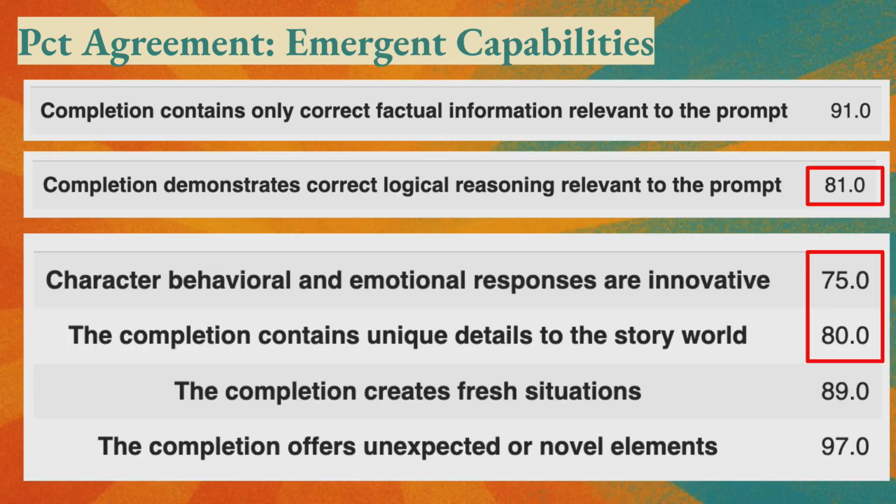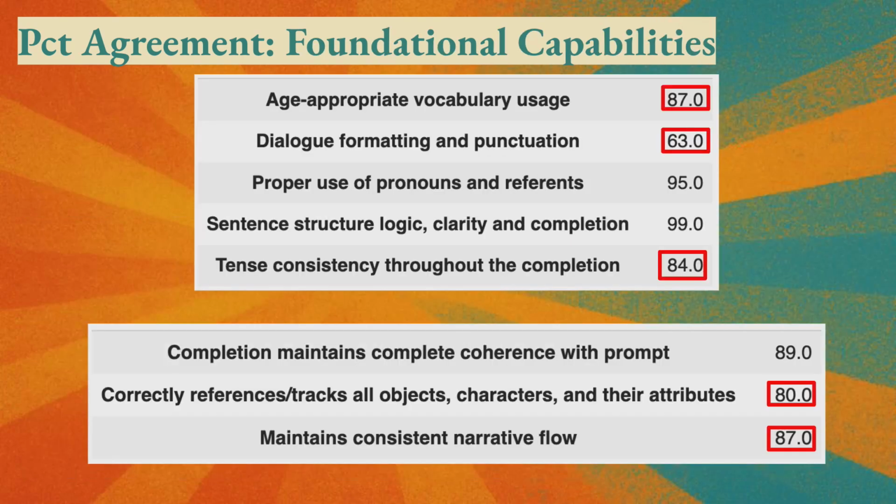If we look at the emergent capabilities of factual knowledge, reasoning, and creativity, 3 of the criteria were 80% or less, and that was a red flag for me in terms of assessing those. If we look at foundational capabilities, dialogue formatting was really poor at 63% agreement between me and Haiku's scores and explanations.